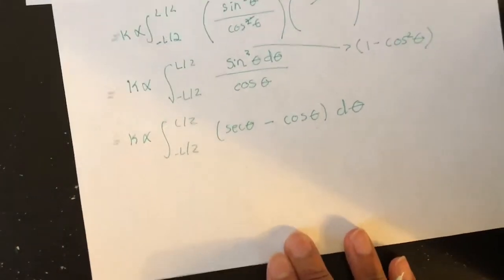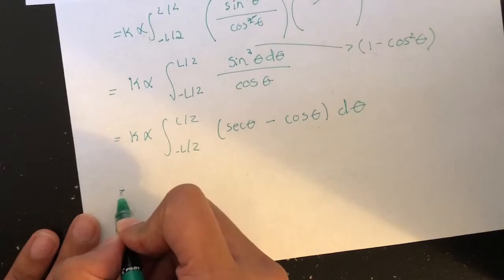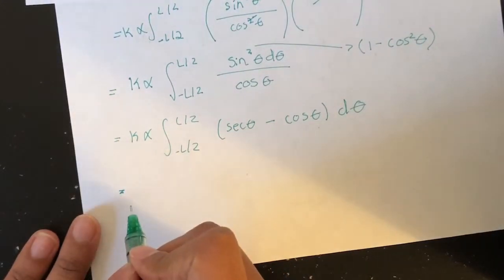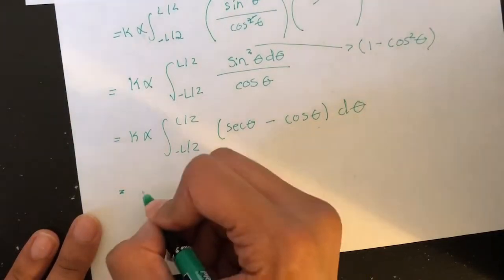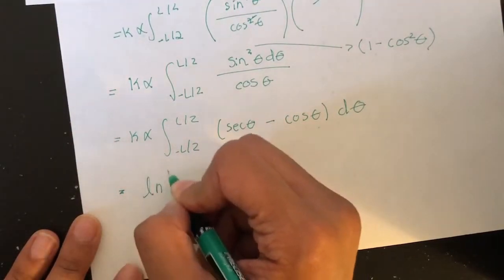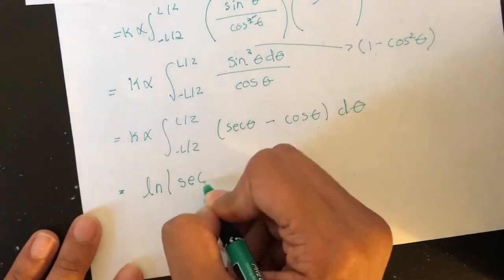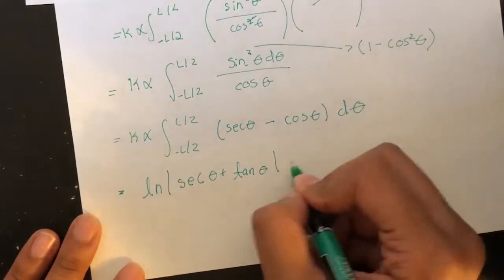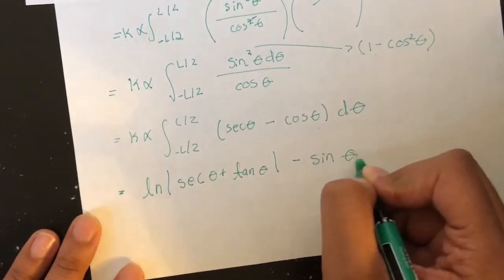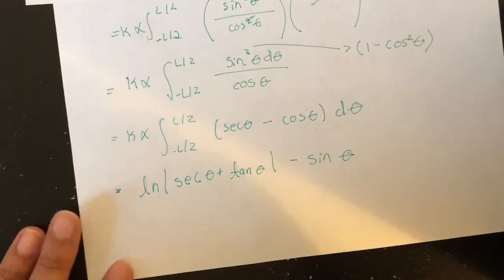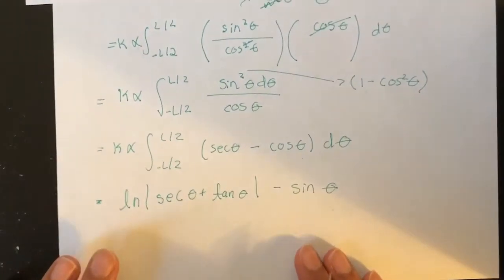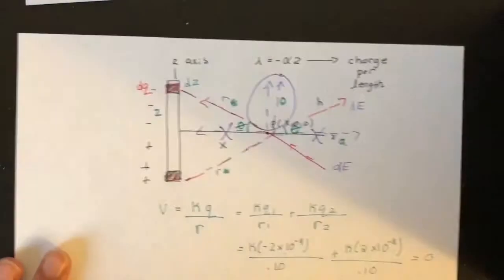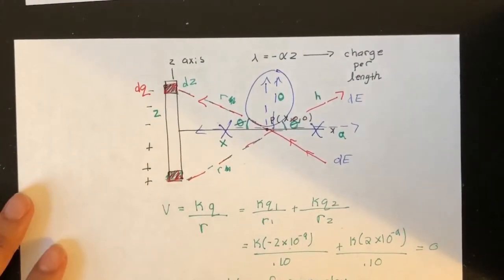Integrating, we'll get, well, taking the antiderivative, ln of secant theta plus tangent theta minus sine theta. And with our problem, it's finite, so we're dealing with length.